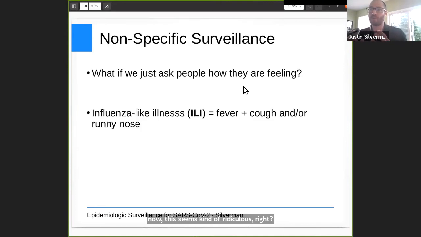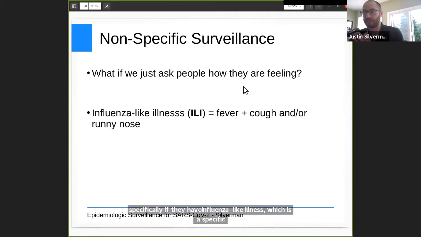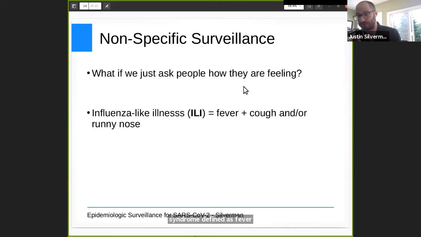So instead, we're going to ask specifically if they have influenza-like illness, which is a specific syndrome that is defined as fever and then one of either cough and or runny nose. Now, this doesn't look exactly like COVID. Runny nose is not particularly common in COVID-like illness.